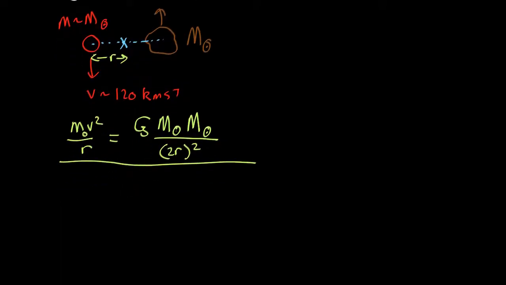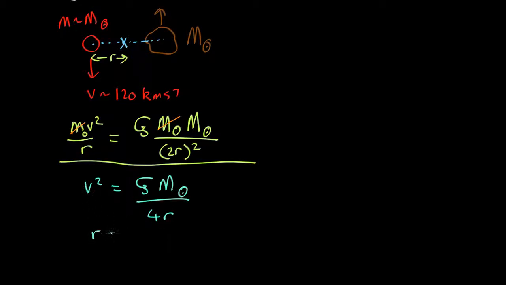What can we do here? Well, we can cancel out one of the masses. We can cancel out one of the r's over there, and we end up with v squared equals G M sun over 4r. Now we know everything here apart from r, how far apart they are, so bring that up to this side of the equation.